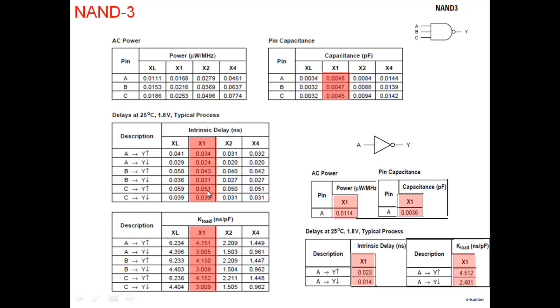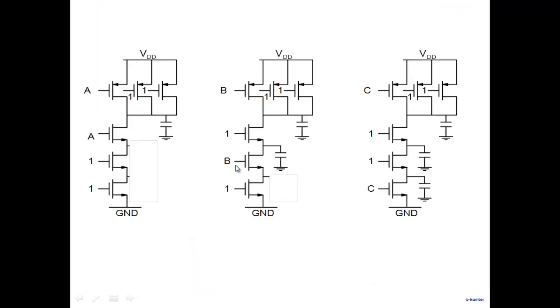So the worst case delay is the pull up delay, when you're pulling a node up. The worst case occurs when C is switching and C is pulling, going from 1 to 0. This transistor has to pull this capacitor up to VDD. To pull this capacitor up to VDD, the current has to go via this particular transistor.